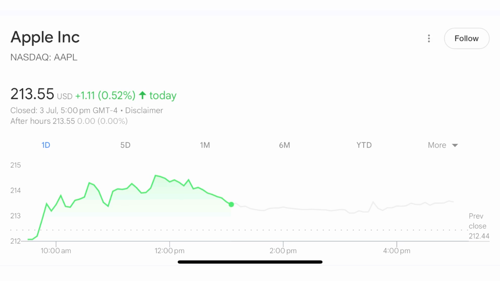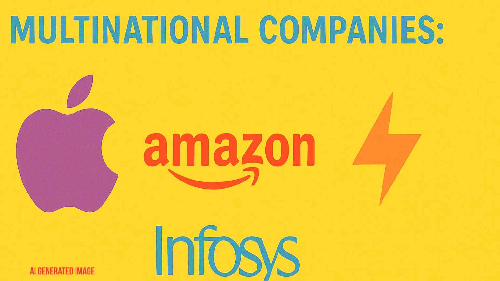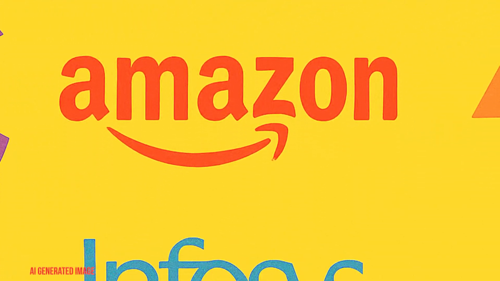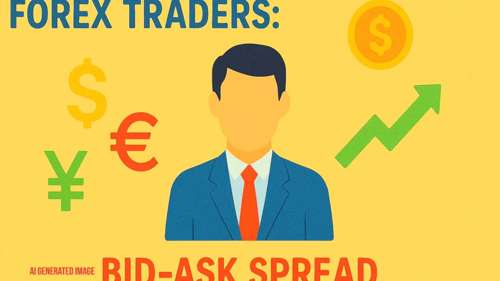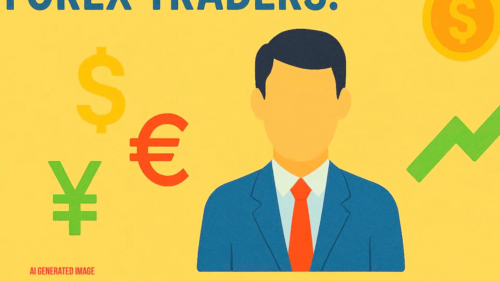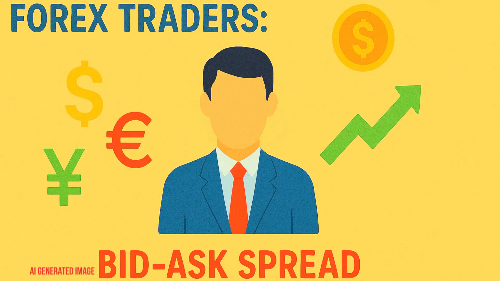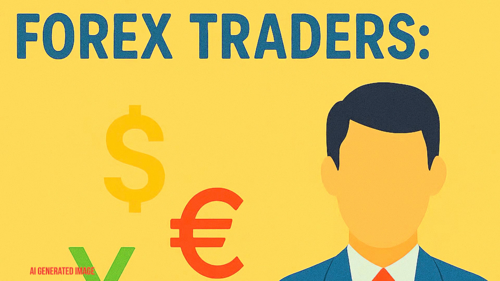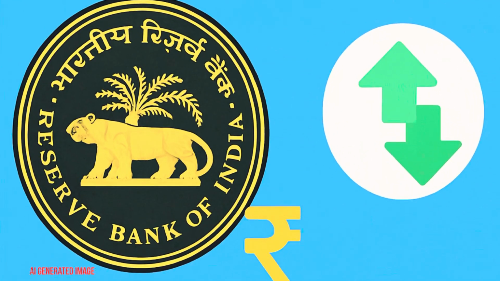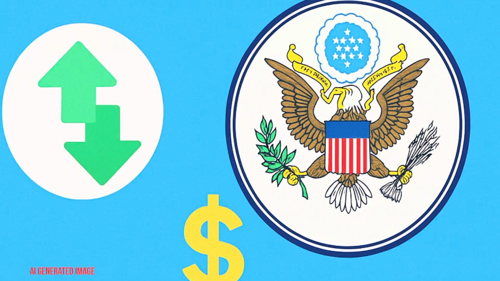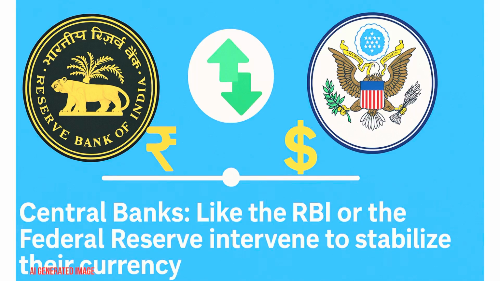And multinational companies like Apple, Amazon, Infosys, they all deal in multiple currencies. And then there are people who trade currencies to profit from small changes in rates. They are called forex traders. Then we have central banks like the RBI or the Federal Reserve. They intervene in the markets to stabilize their currency.